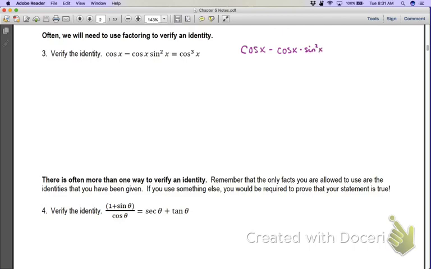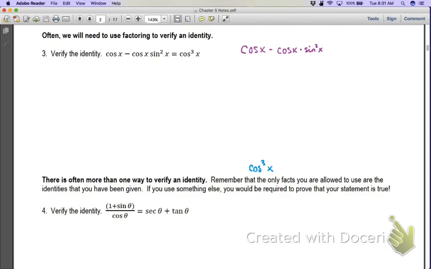And then you can put the end statement, where you're going, towards the bottom, and say that we need this thing to equal cosine to the third, or cubed, x.